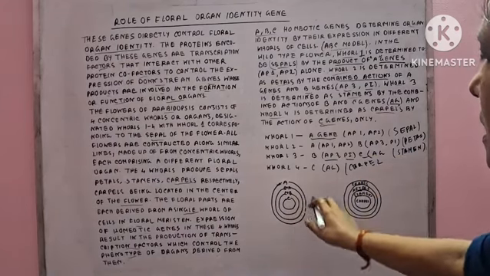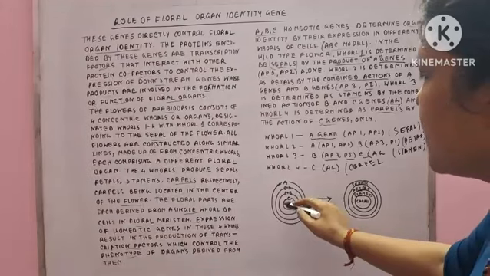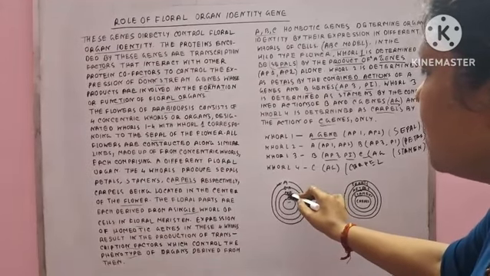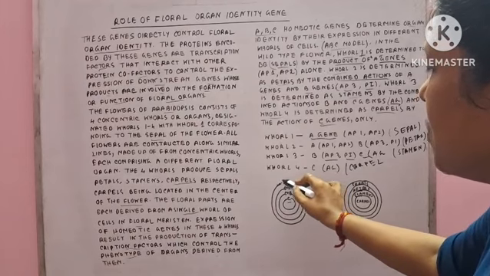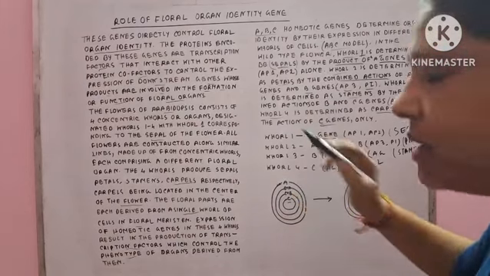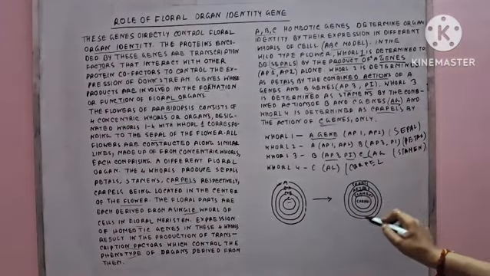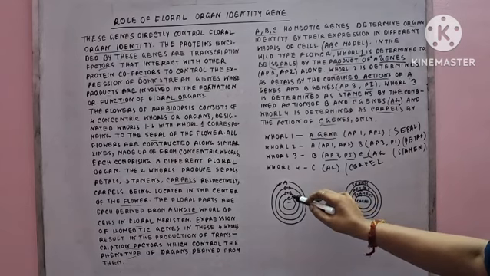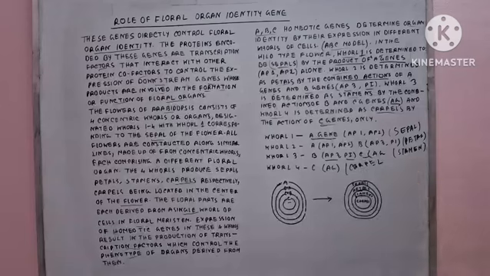So here you can see the four whorls. And you can see how these organs are formed from the expression of these genes. This is the carpel, stamen, petal and sepal.